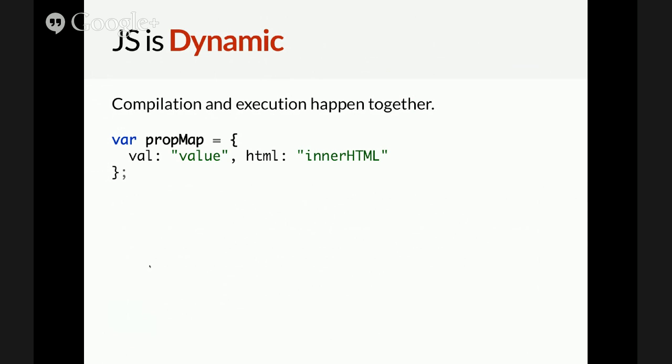So a dynamic language means compilation and execution happen together. The way that I think about this is first to think about how a compiled language like C or Java works. In C or Java, you write your program and it gets compiled into bytecode or machine code.